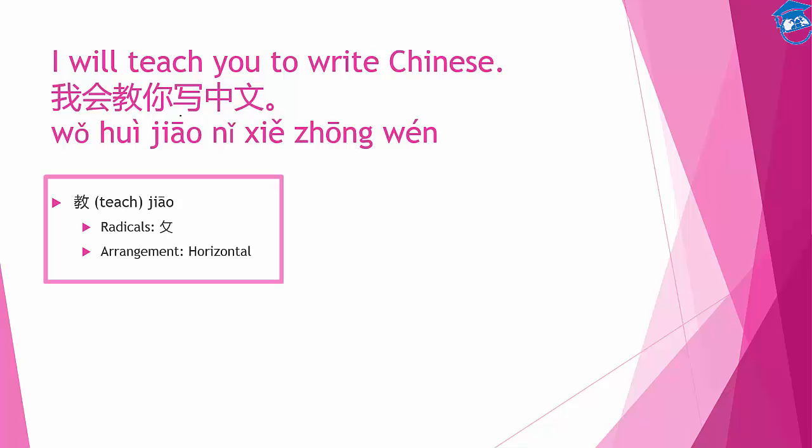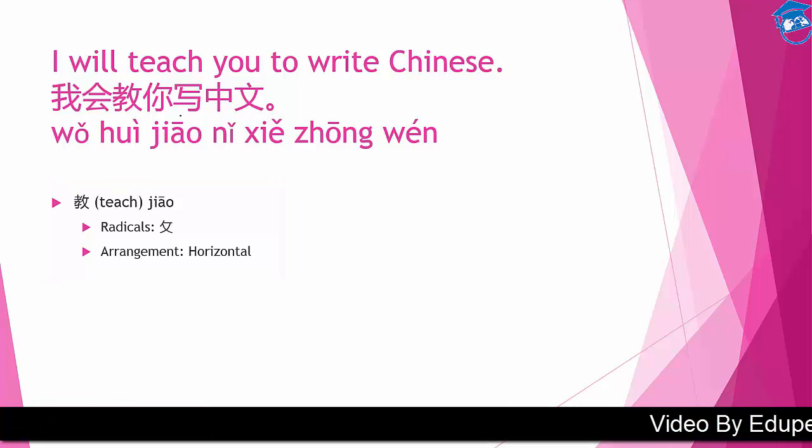So the whole sentence, I will teach you to write Chinese, is translated as 我会教你写中文. So you can see you don't actually have to translate the word "to". The translation is like, I will teach you write Chinese.